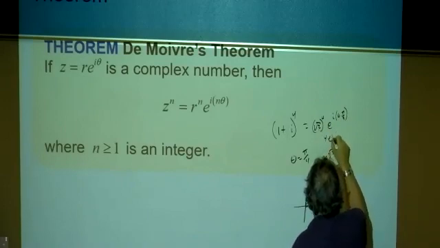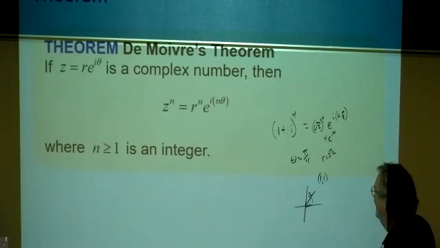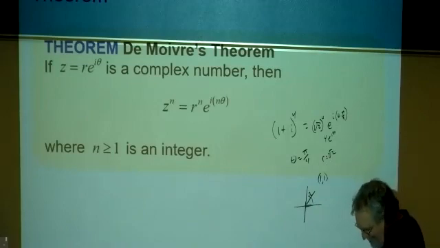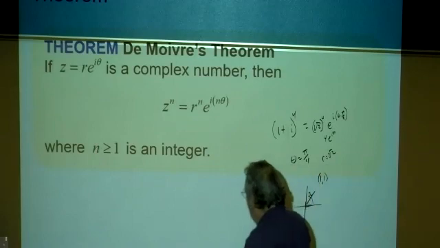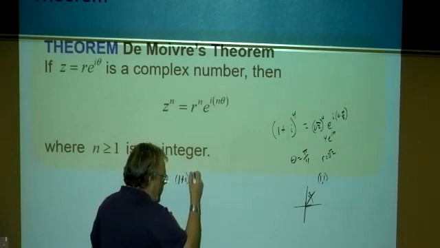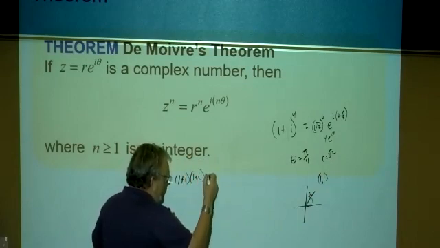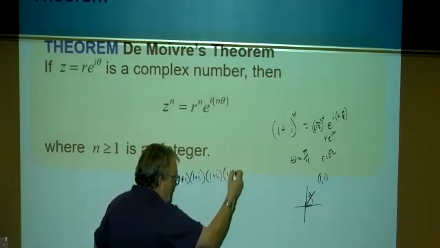So this is 4e^(i pi). That's fun. Because otherwise, who wants to do all that multiplying? 1 plus i times 1 plus i times 1 plus i times 1 plus i.